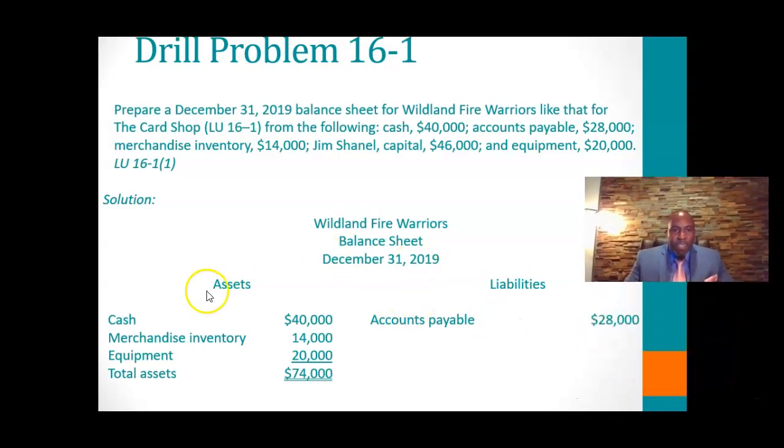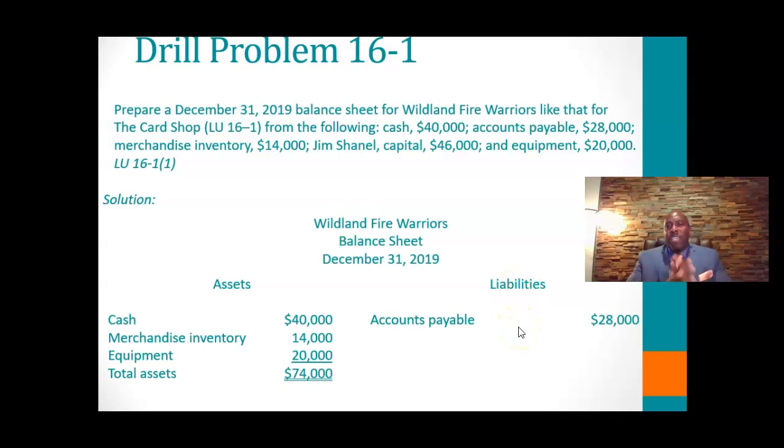Again, assets are things of value that are owned or controlled by a business organization. So cash has value. So does inventory and the equipment account. So you list those under your asset category, and get total assets of $74,000.